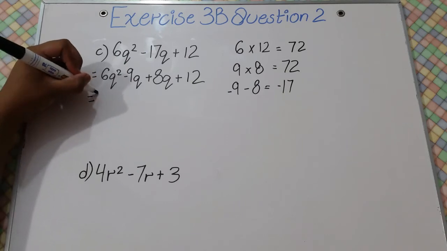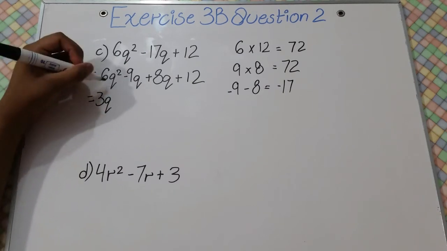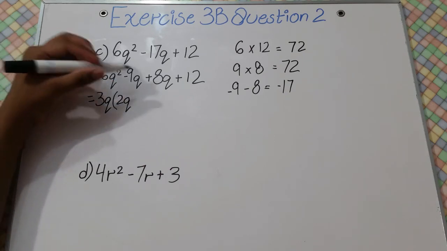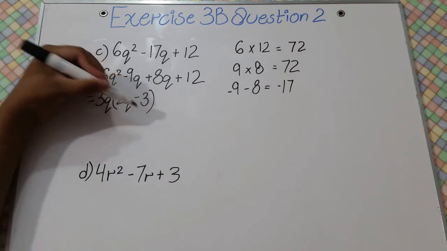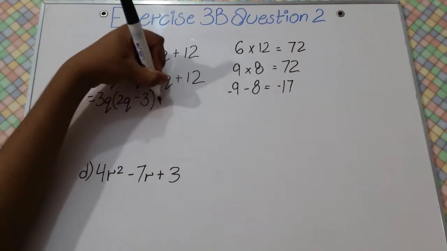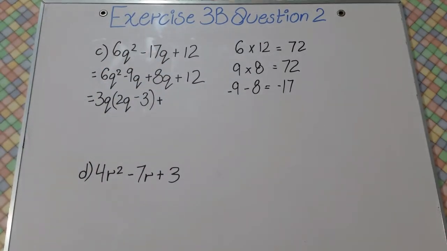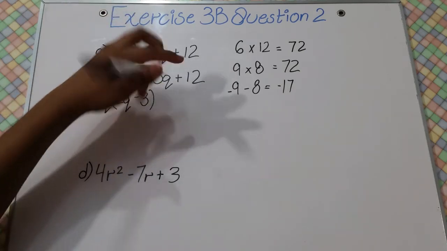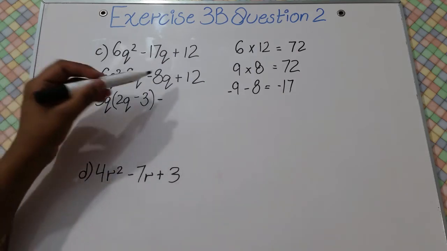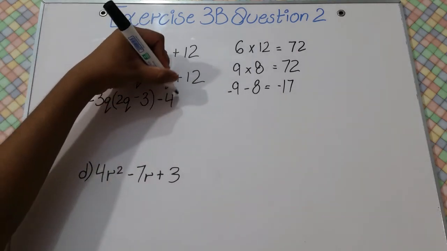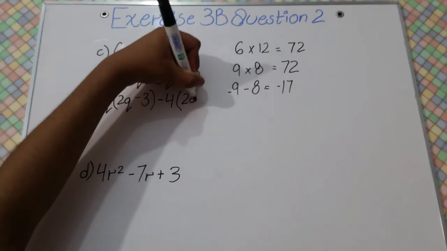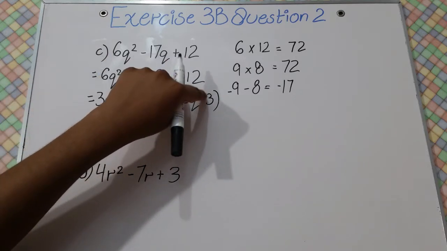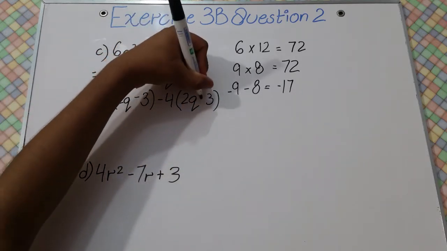Over here common would be 3q, because 3 2s are 6 and 3 3s are 9, and 1q would be inside. Then over here the sign would be negative, and the common would be 4, because 4 2s are 8 and 4 3s are 12. So the sign would again be negative, because minus plus is minus.